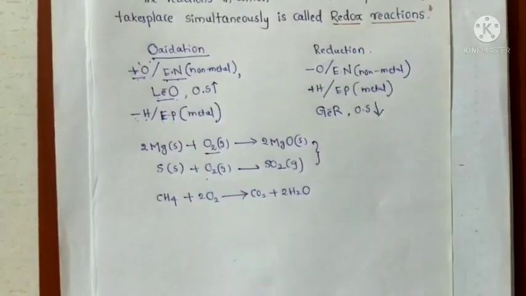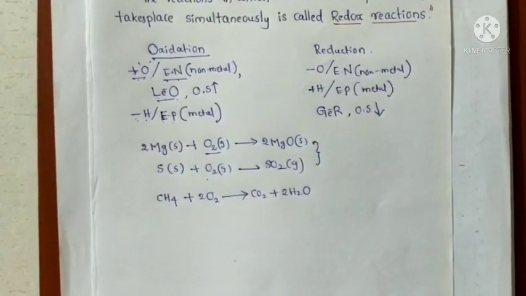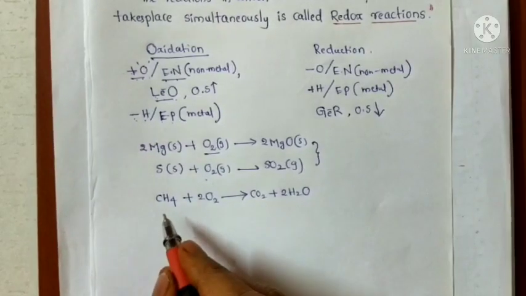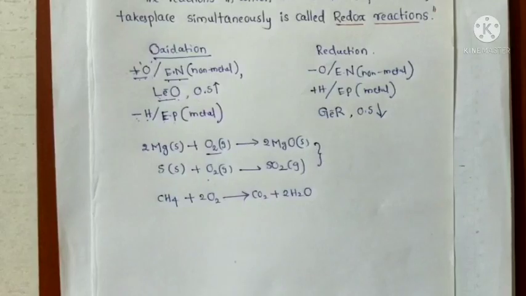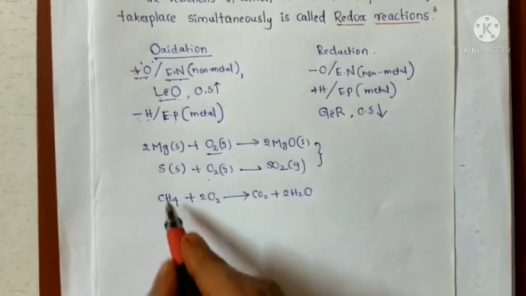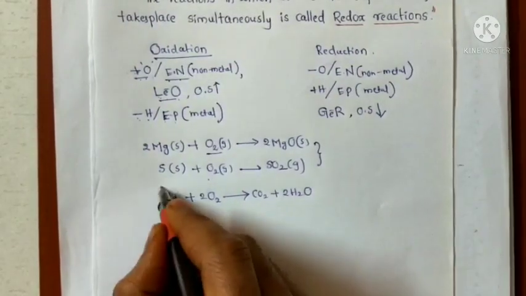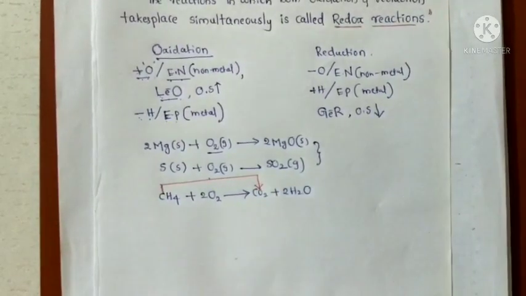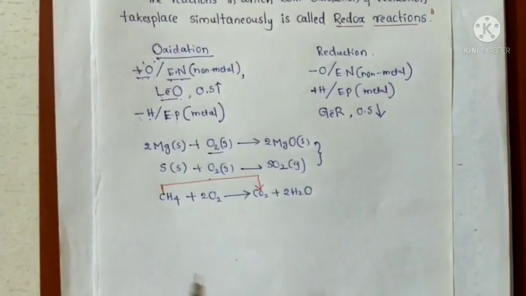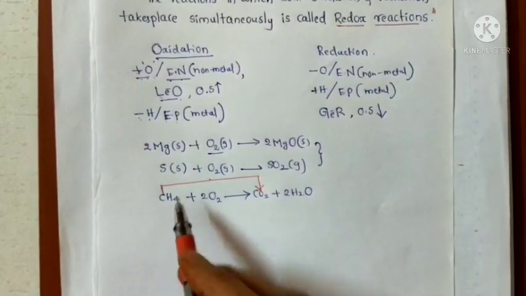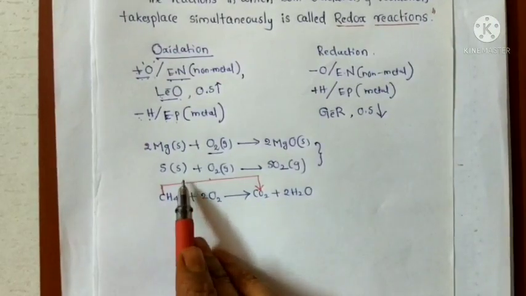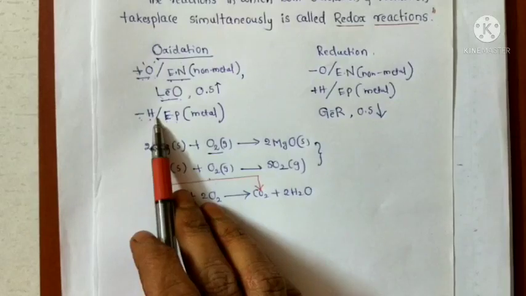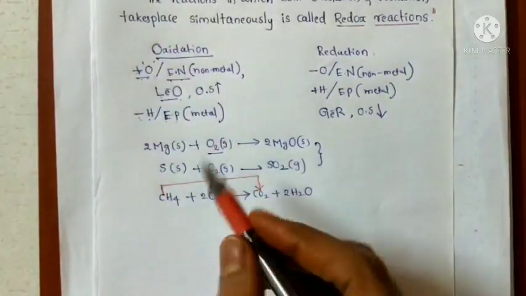So here, simultaneously, oxidation and reduction take place. How do we define carbon here? Carbon undergoes oxidation. How can we define it? Hydrogen is being removed, and removal of hydrogen is nothing but oxidation.